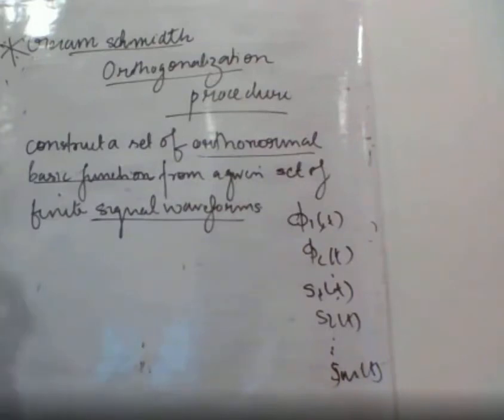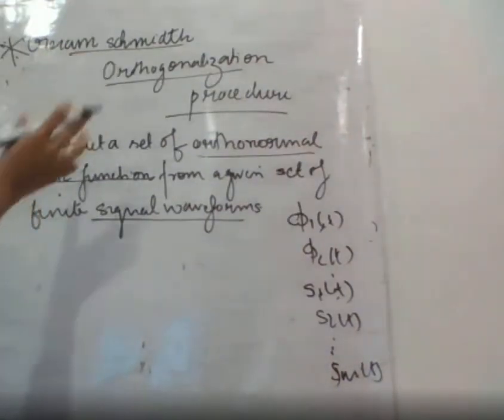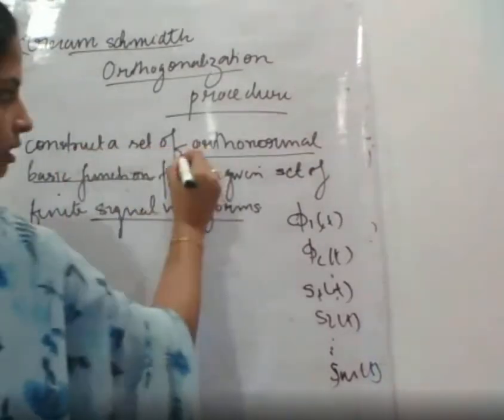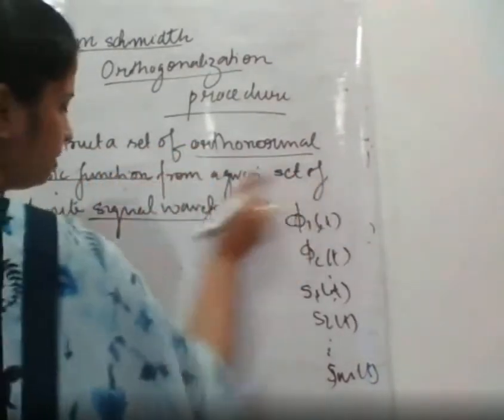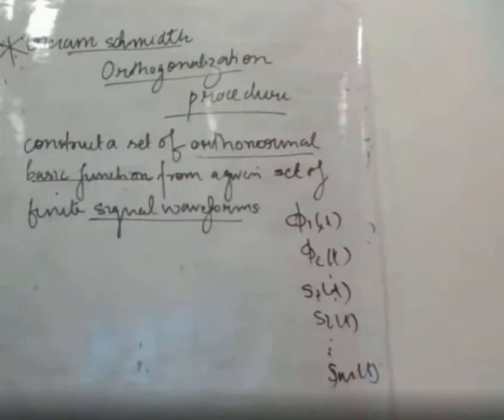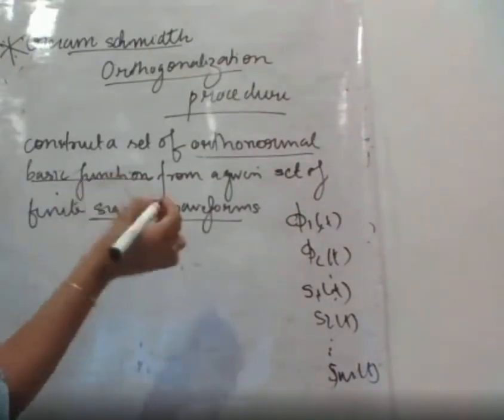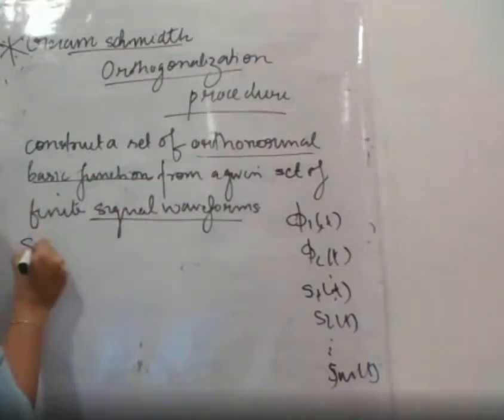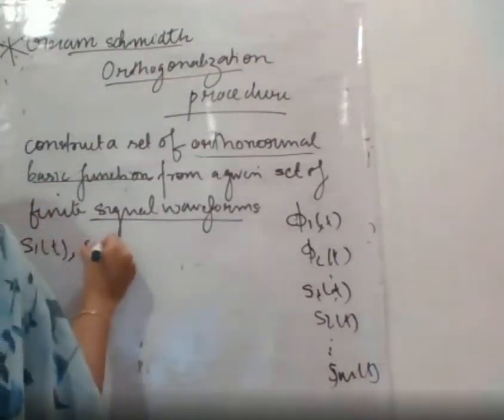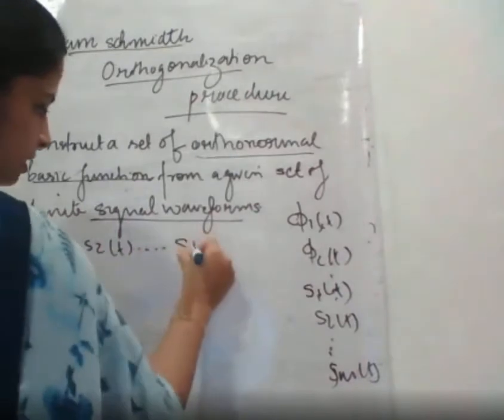Okay. So, this Gram-Schmidt orthogonalization procedure we use to construct the orthonormal basis function from a set of the finite signal waveform. So we have to consider a set of m real valued energy signal S1 of t, S2 of t, etc. Sm of t.